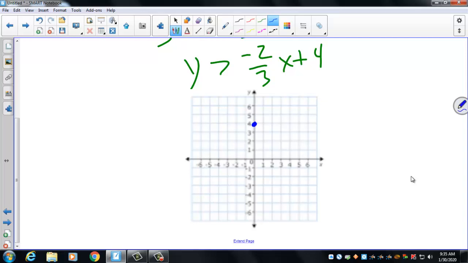So we're going to go to 4. And then you go down 2 and over to the right 3. Down 2, 1, 2, to the right 3. We are here. Dotted line or solid line? Dotted line. Dotted line. If your line does not go through your dots, make the dot bigger. Okay?